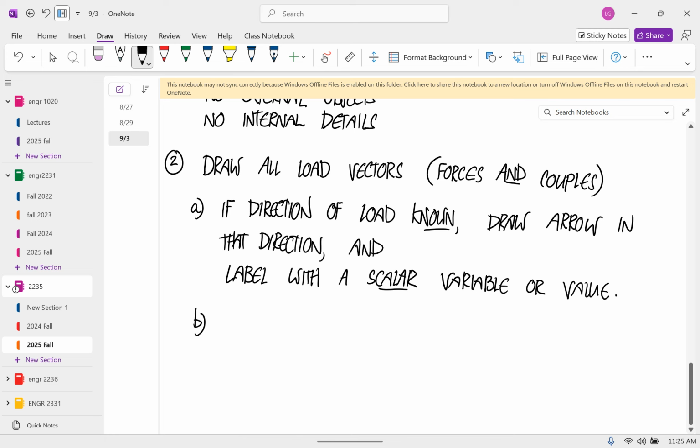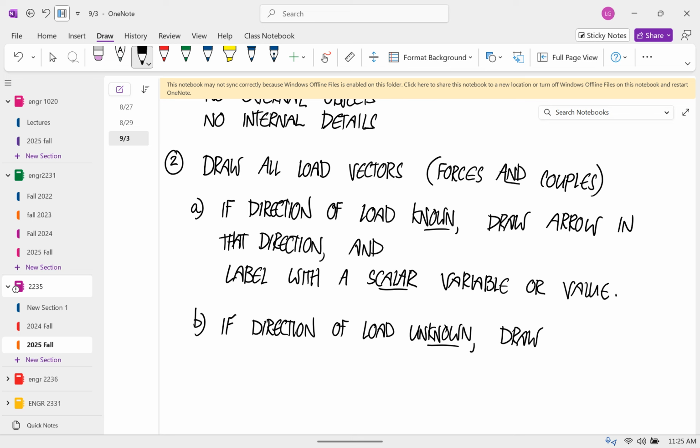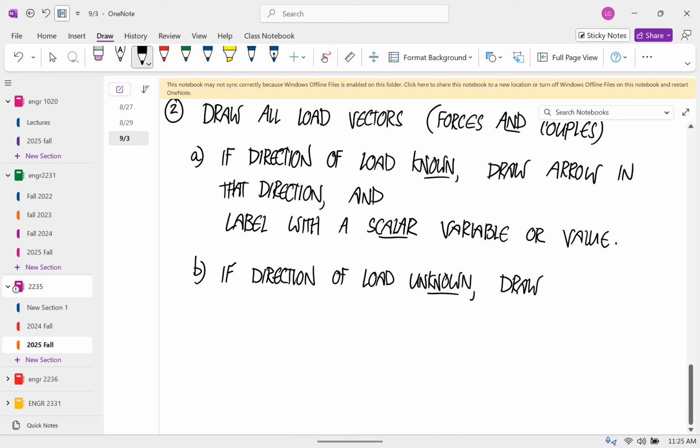And if, on the other hand, the direction is unknown, so if the direction of the load is unknown, draw vectors in each coordinate axis direction.